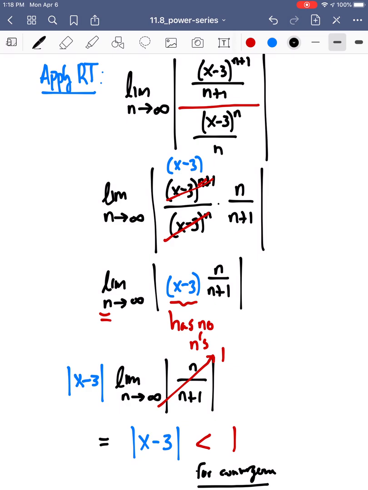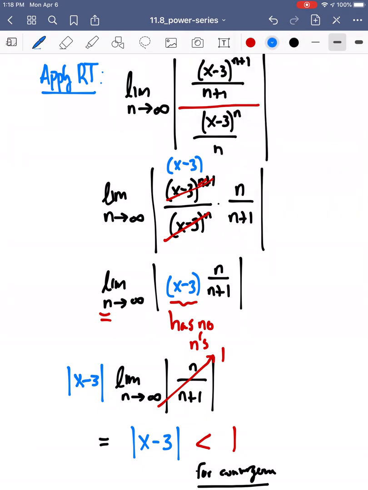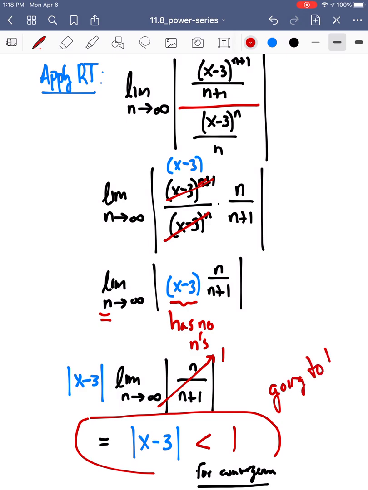So we want this inequality to be less than 1. And this inequality now is actually what's going to tell us a bunch of x values that work. In other words, it's going to tell us a lot about the domain. So let's go ahead and do that next.